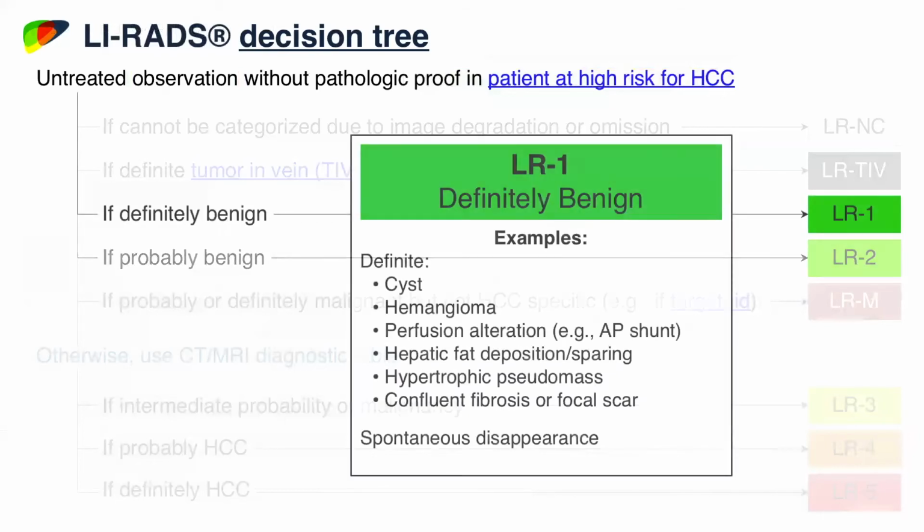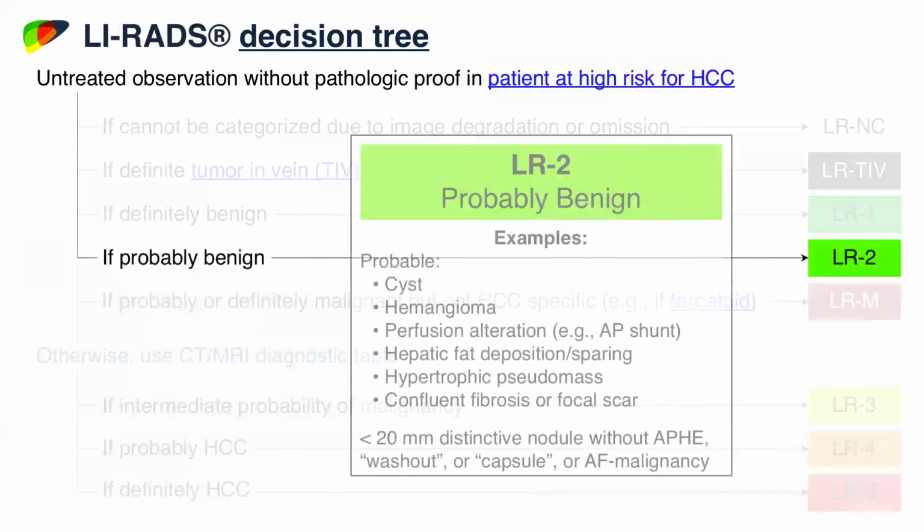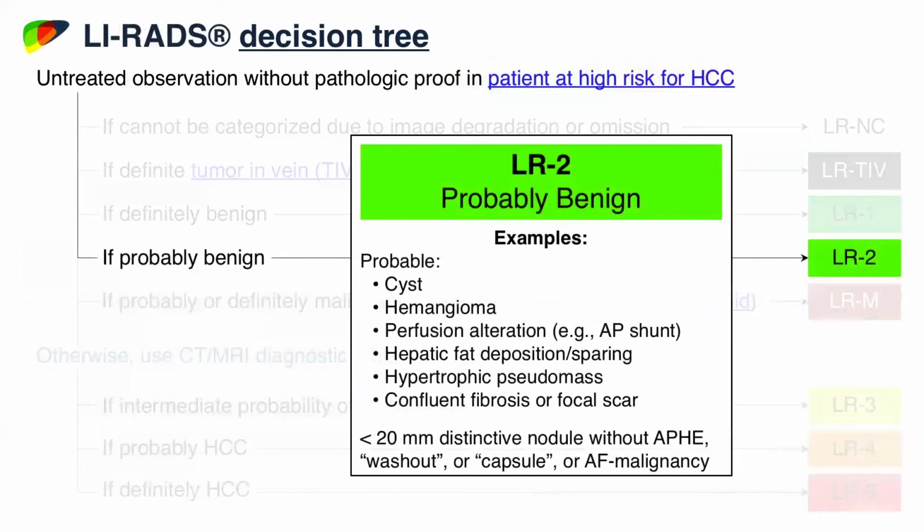Definitely benign is a definite cyst, definite hemangioma, definite perfusion alteration. LR-2 is something that looks like a cyst, a hemangioma, or a perfusion alteration, but I'm not positive.